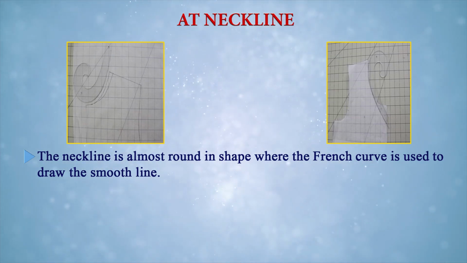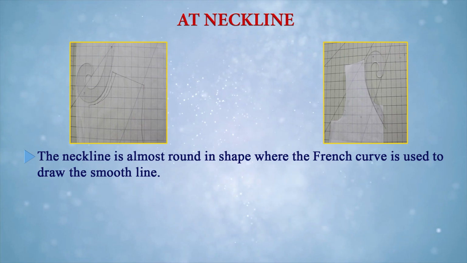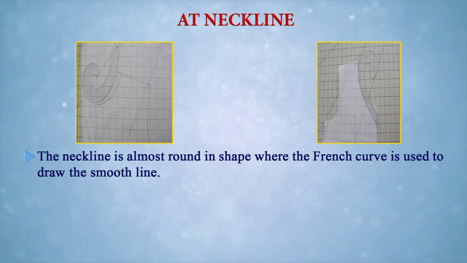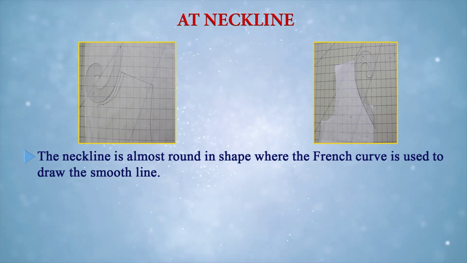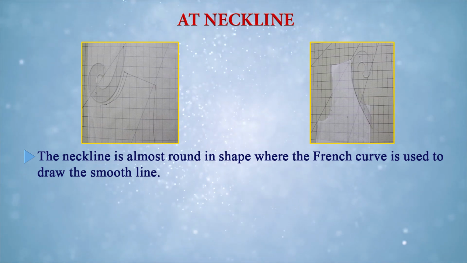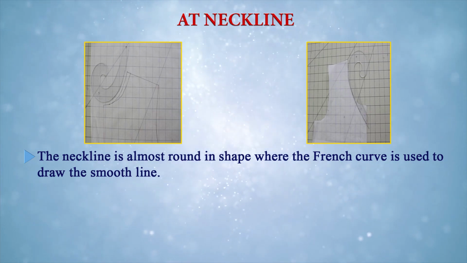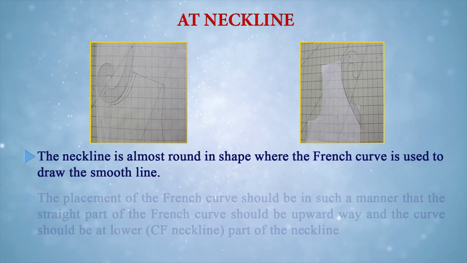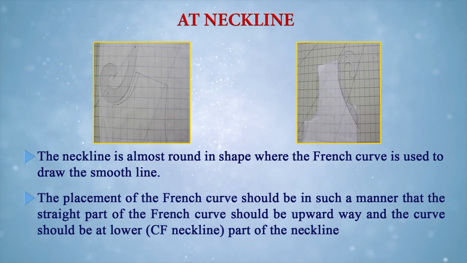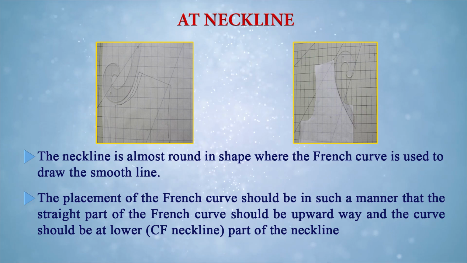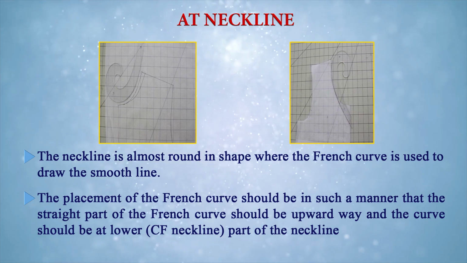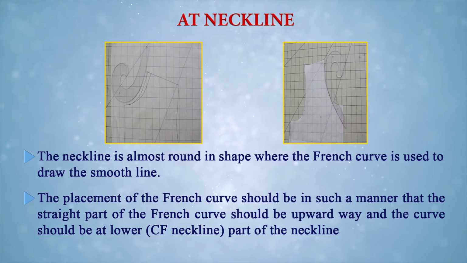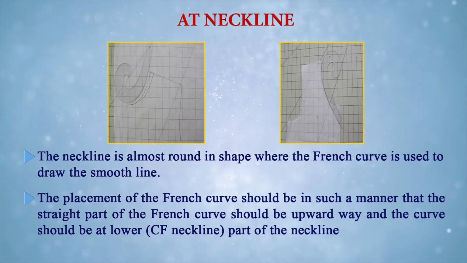In the first image on the left side, you can see it is a neckline. When we draw with a pencil and scale, we cannot make a freehand round shape very perfectly. So to make the neckline in a perfect round shape, we use the French curve. The placement of the French curve should be in such a manner that the straight part of the French curve is upward and the curve is at the lower, like in the central front neckline part.